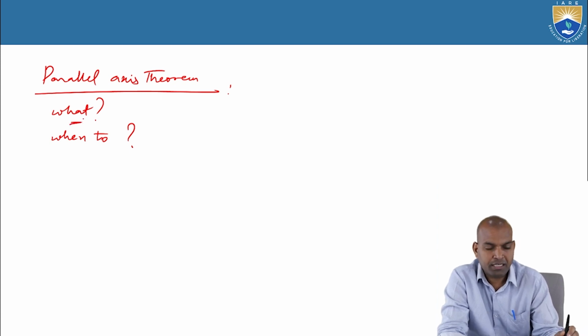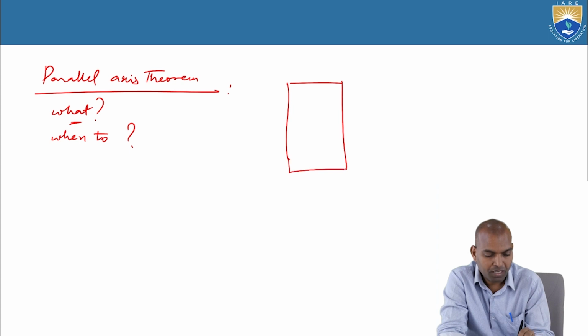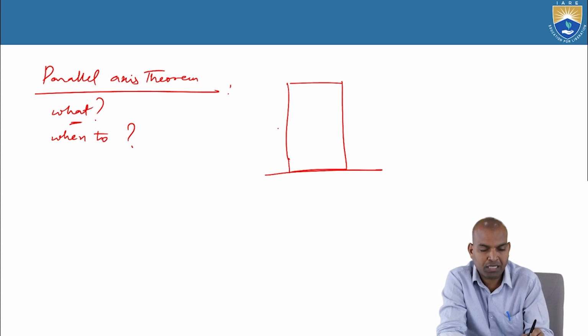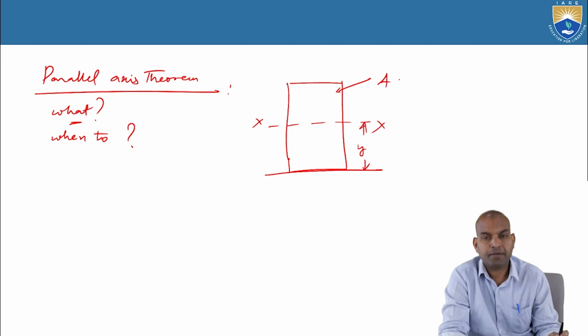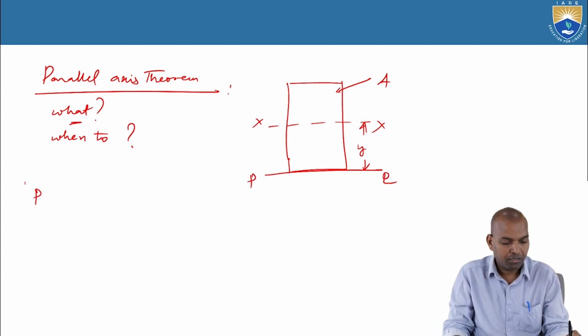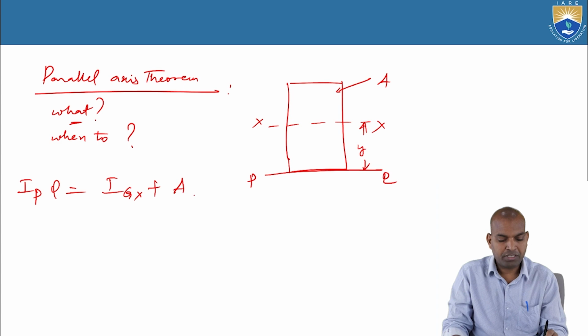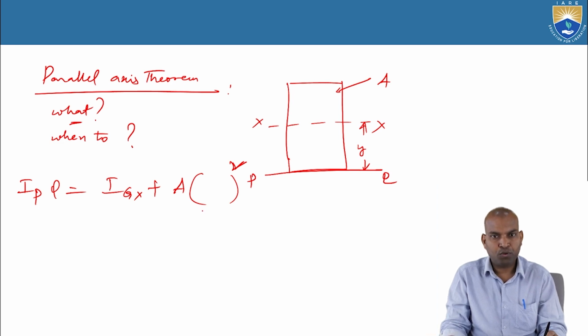The parallel axis theorem says that if you want to find the moment of inertia of any section about some axis, with the distance of the centroid being y bar, and this rectangular section having area A, then the moment of inertia about a line PQ is IPQ equal to the moment of inertia of the individual section about its centroid, that is IGX, plus the area of the section times the square of the distance of the centroid from the line about which we are finding the moment of inertia.